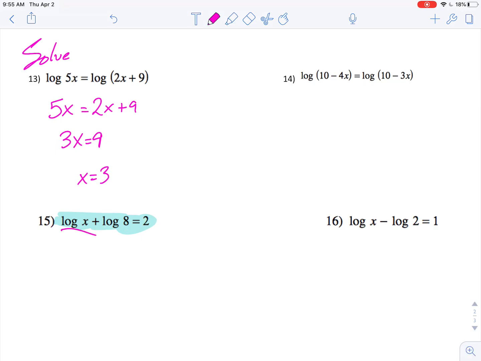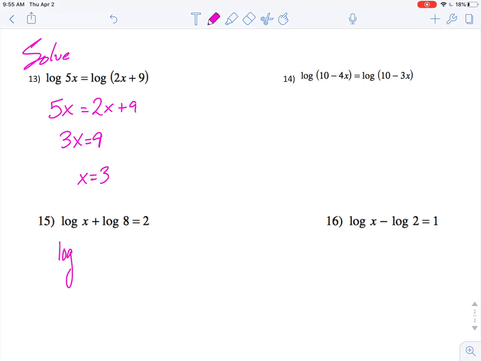And I'm going to skip down and do number 15, because this is a little bit different format. So I've got 2 logs, and they're equal to a number. So what we should probably do first is condense or simplify this side.